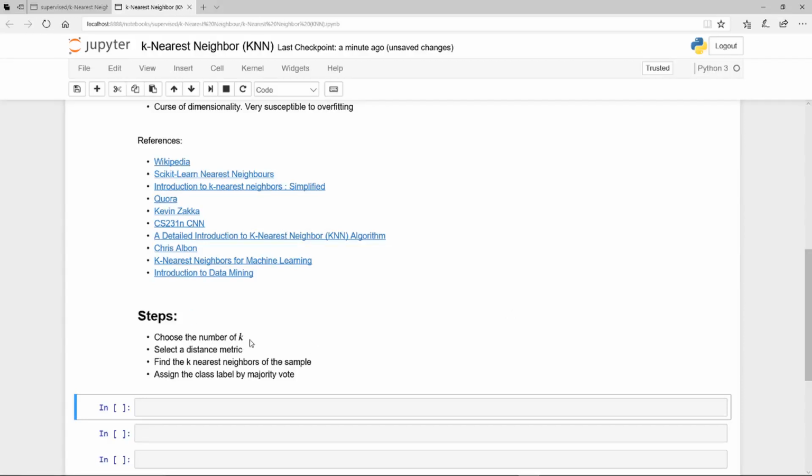So the first thing is that you choose the number of neighbors. Okay, that's denoted by K. And then you decide on a distance matrix. Again, later on we'll talk about the different types of distance matrix that we're going to use. Find the number of nearest neighbors of the sample, and then assign the class label by majority vote. So that's really giving it a label accordingly.